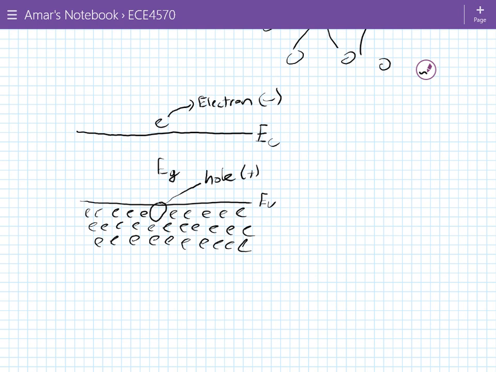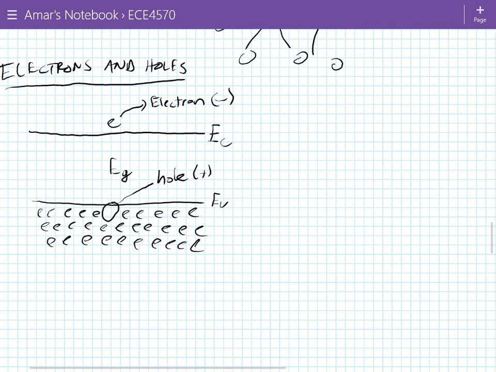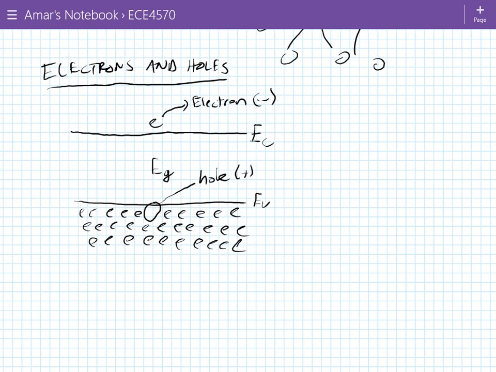So what this physically means, let's call this electrons and holes. So this is what it looks like in terms of the energy band diagram.